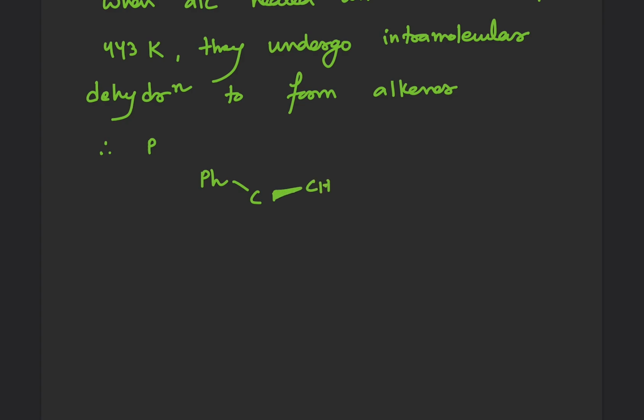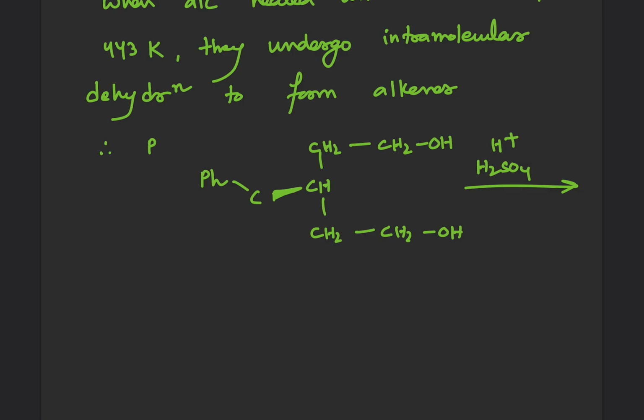Okay, so therefore our P is, so let's draw our P again, pH C, and CH, it is connected to CH2, CH2OH, CH2, CH2OH. So we are treating this with H2SO4, which will contribute a lot of H plus, at 443 Kelvin, since it is an acid. So what will happen? O has lone pairs, so these lone pairs will be given to this H plus. Similarly, there will be other H plus also. This OH will also behave in a similar way.